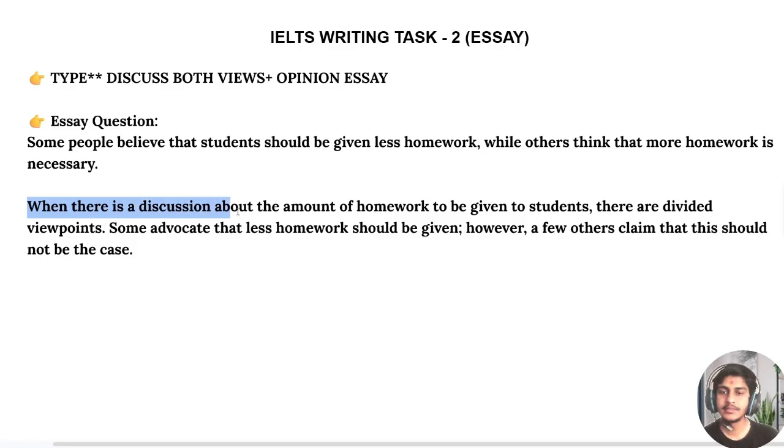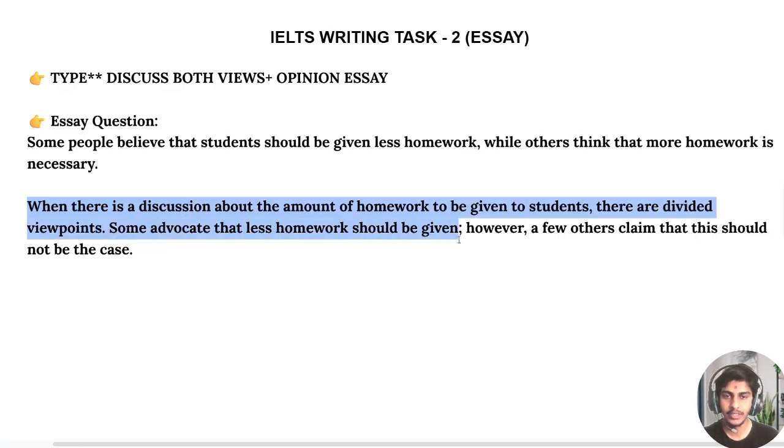When there is a discussion about the amount of homework to be given to students, there are divided viewpoints, and some advocate that less homework should be given. However, a few others claim that this should not be the case.